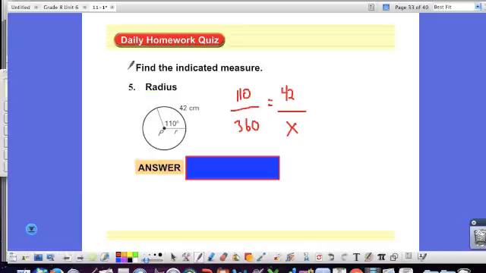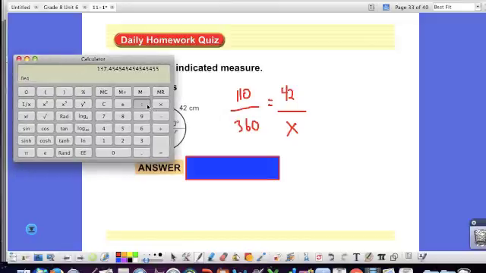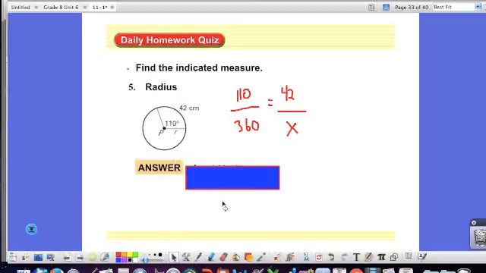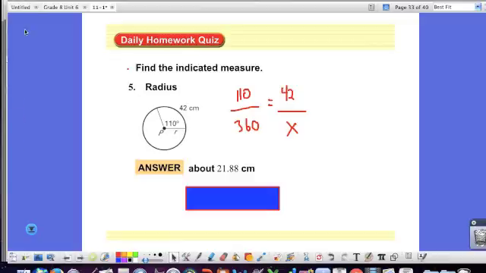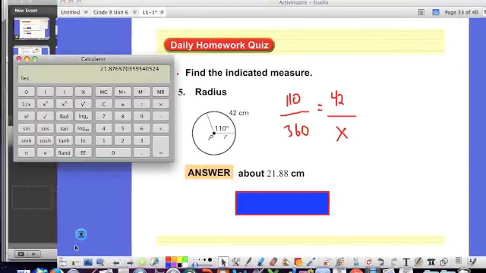Okay, that's the circumference back here. That's the circumference. We want the radius though. So we're going to divide that by pi to get the diameter. And now we're going to divide by 2 to get the radius. And we're looking at approximately 21.9. Or they rounded to 21.88. Never tell me what they're going to round to. Okay.